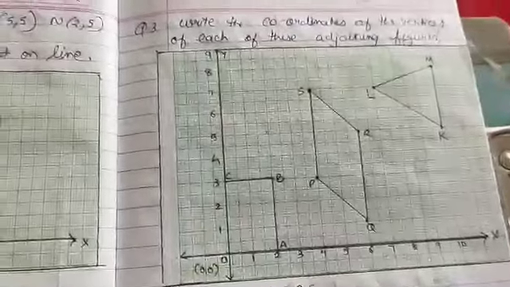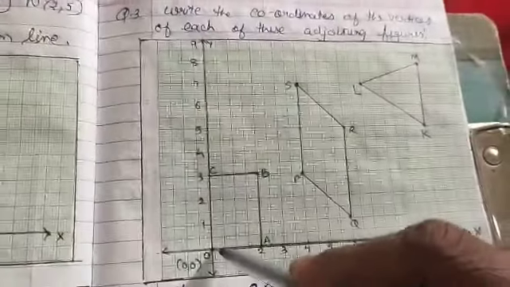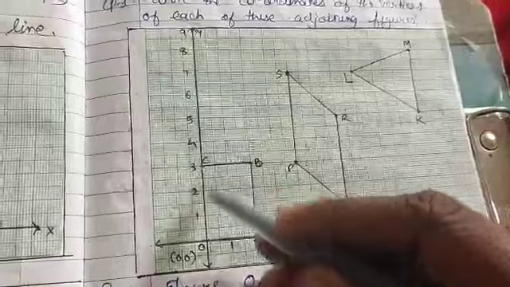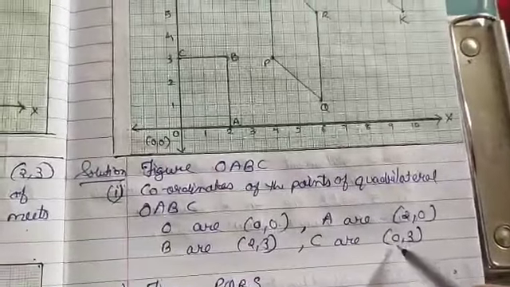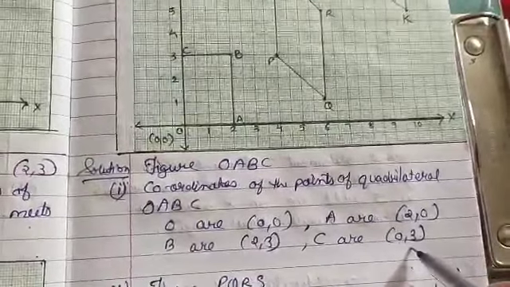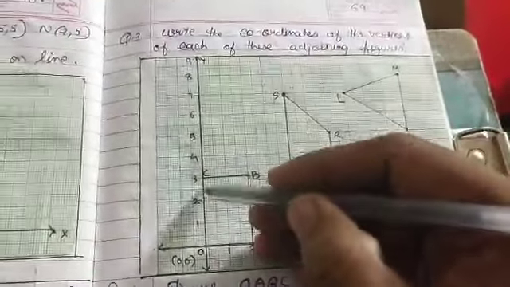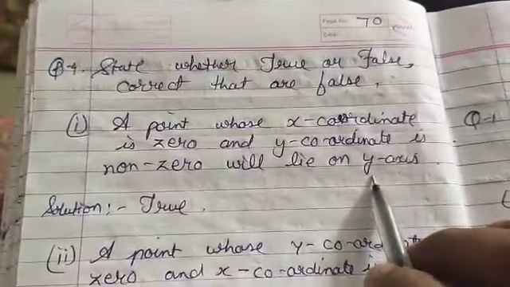Just now we saw this example: point C is 0 and 3. The x coordinate is 0 and the y coordinate is a non-zero number, so it will fall on the y axis. That is what is written: lie on y axis.